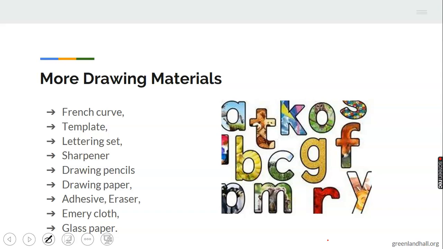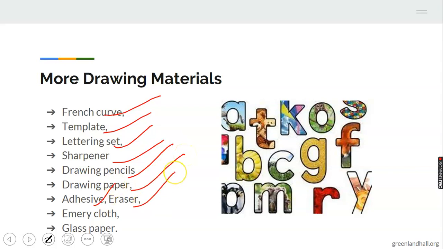We have French curve, template, lettering sets, sharpener, drawing pencils, drawing paper, adhesive, eraser, emery cloth, glass paper. You can see all those things are drawing materials. Can you tell me what this is?